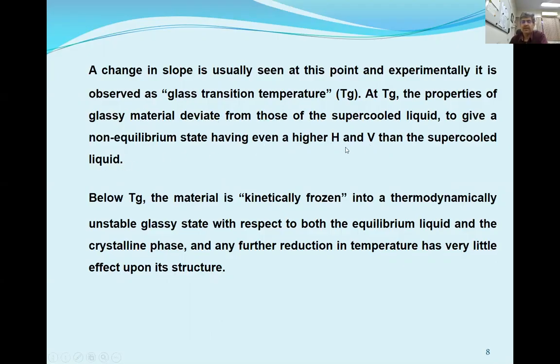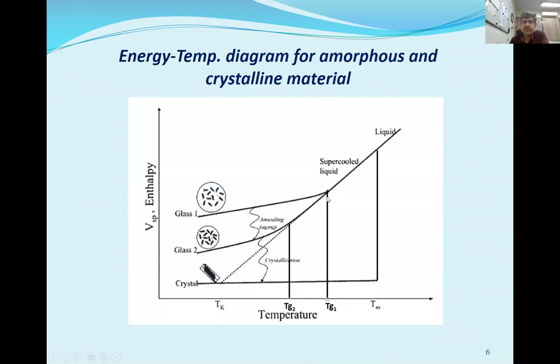We will again go back to the same diagram and see how the glassy material has an H and V value which is higher even than the supercooled liquid state. So you can see this is the glassy state, and the values of enthalpy and volume, say at this temperature, have a value which is higher than this equilibrium liquid state.